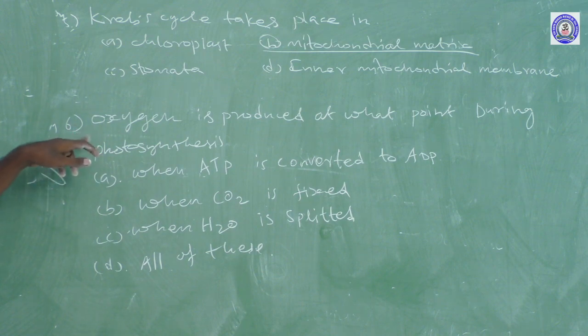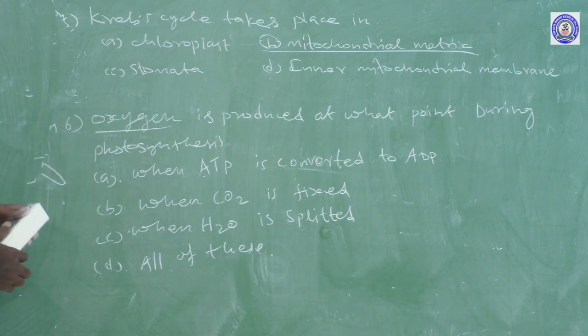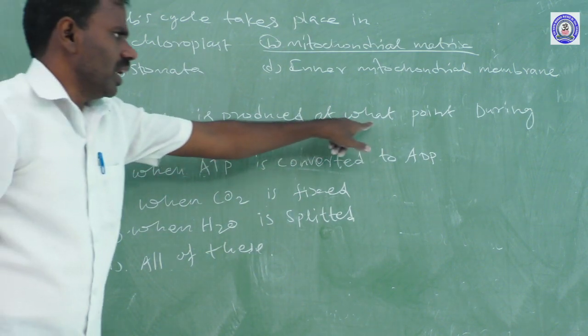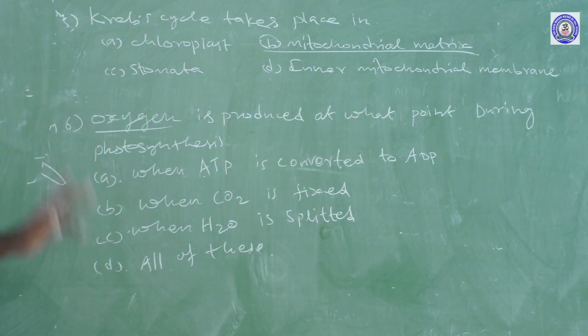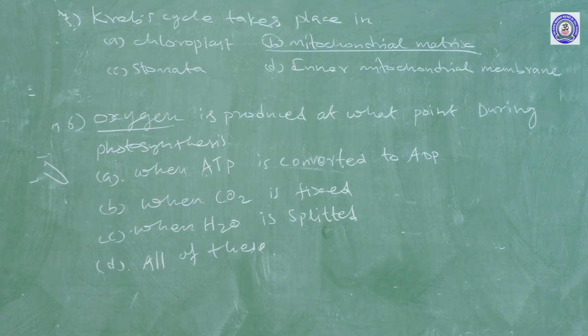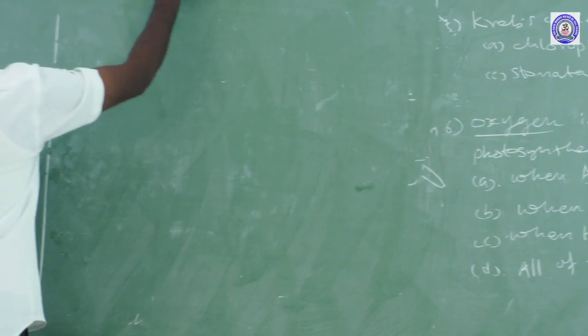Then the sixth question: at what point during photosynthesis is oxygen produced? In photosynthesis, photo refers to light, and synthesis refers to the production of glucose.